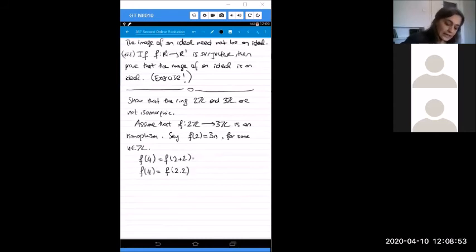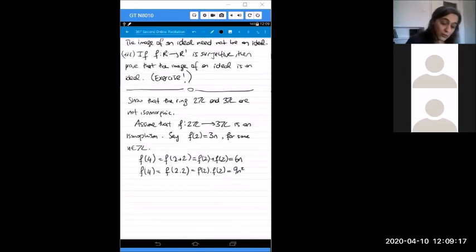Since f is a ring isomorphism, f of 2 plus f of 2, and as f of 2 is 3n, this is nothing but 6n. And from the second equality, we have f of 2 times f of 2, which gives 9n squared.